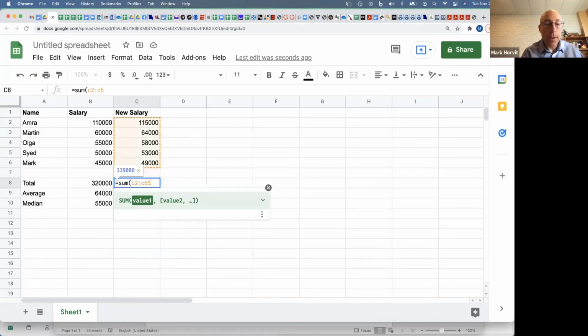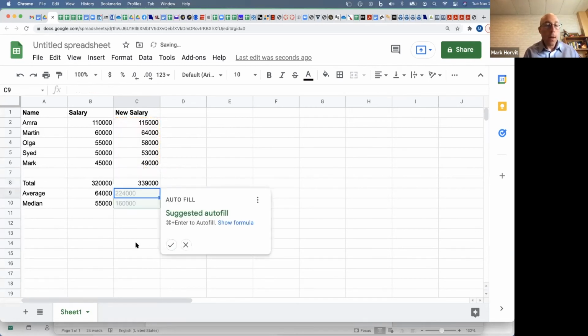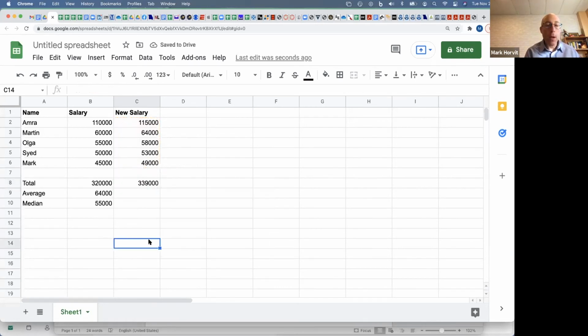If I accidentally put C5, I can look and see that my box actually stops too soon, so I can go back and fix that, C6. So I see that it looks right. I close my parentheses or brackets, and I hit enter or return. And my new payroll is $339,000.